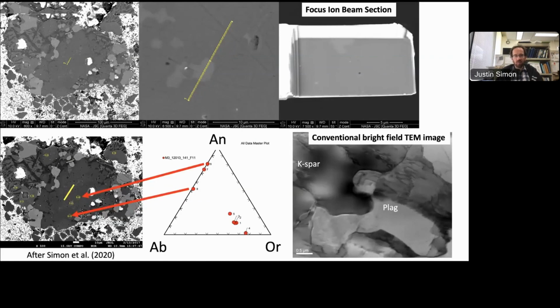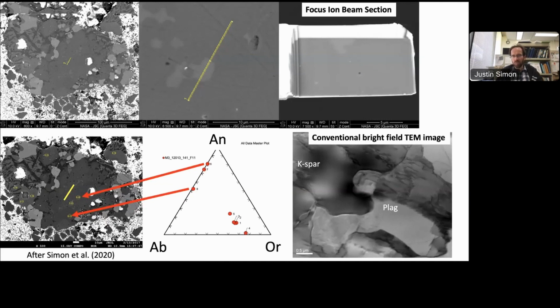So when Roy took out the FIB section and looked at this in detail, I have about 10 different images for each of these samples, and I'm only providing representative ones. If you're an expert, if you look at the lower right, you can see indications in this so-called bright field image of some disturbance, and I will show a little bit more of that in a second.